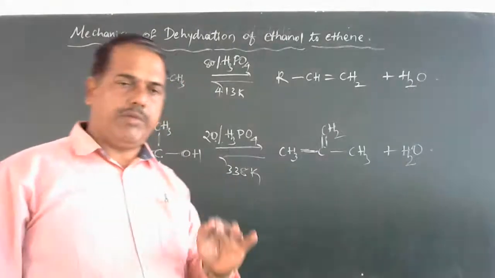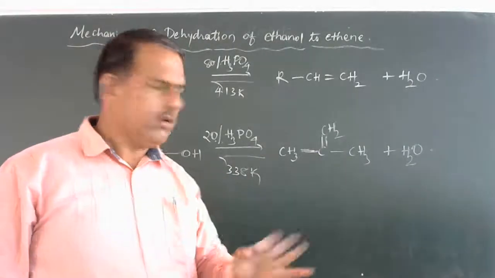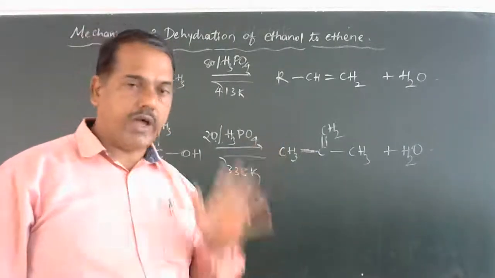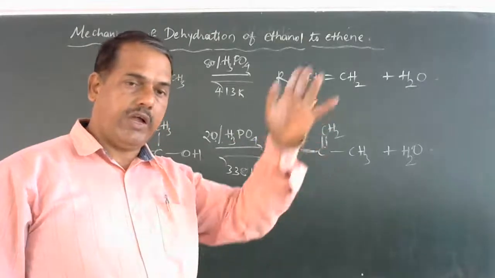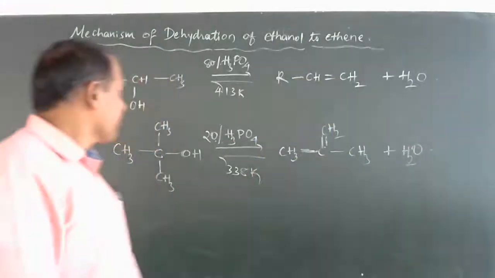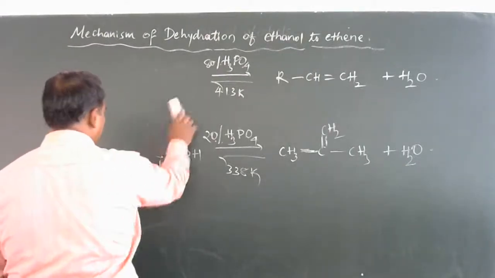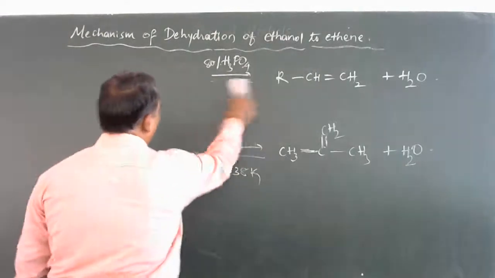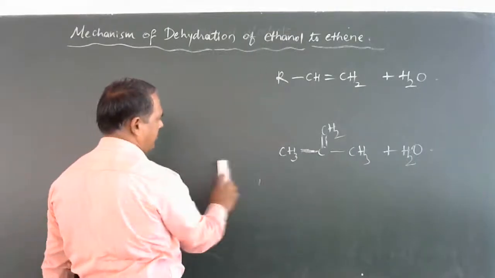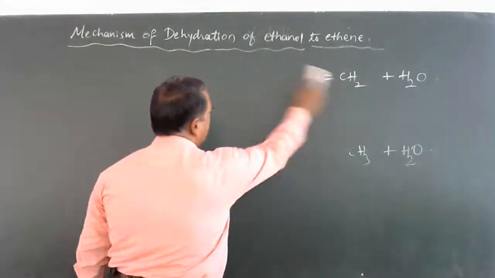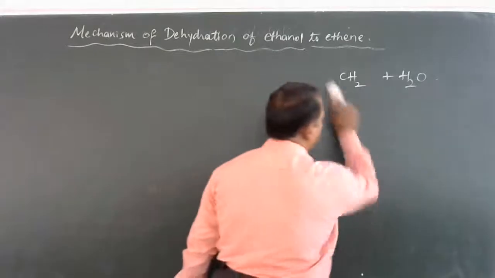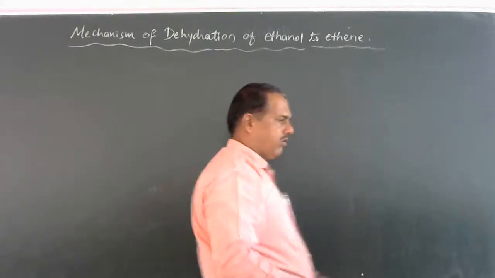Tertiary alcohol can be dehydrated under less drastic conditions as compared to secondary and primary. Okay, we studied dehydration reaction and also the mechanism of dehydration. Next, we shall study oxidation reactions of alcohol.